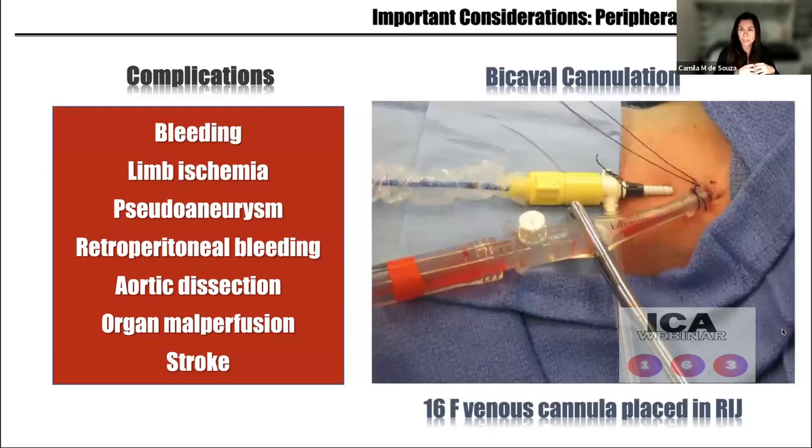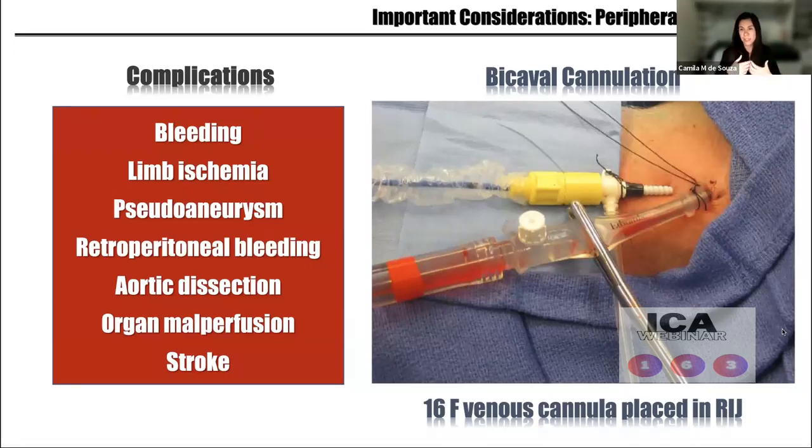When bicaval cannulation is indicated, the SVC cannula is typically inserted from the neck, either by us when we're putting the central line or by the surgeons. The cannula can be anywhere between 12 and 16 French, so it's a big cannula, but there is normally space for both our central line and the venous cannula in the same jugular.